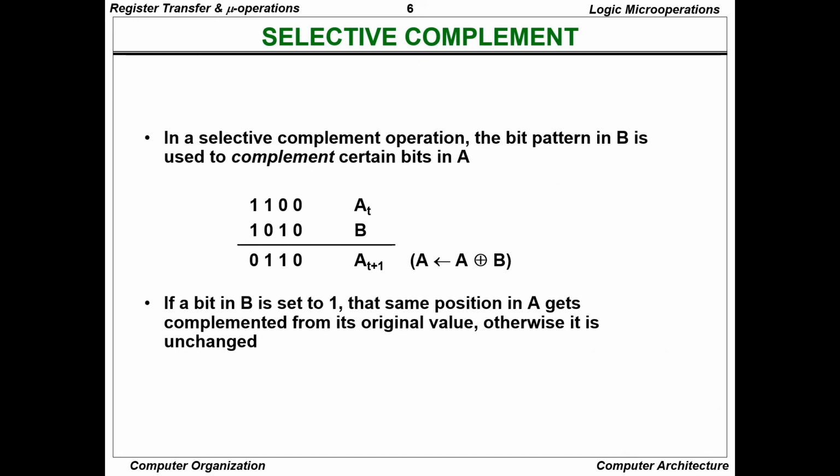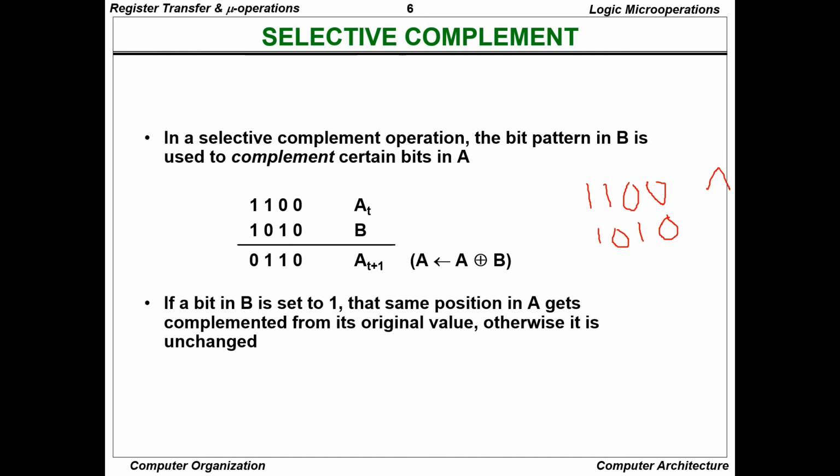Now coming to selective complement. In a selective complement operation, the bit pattern in B is used to complement certain bits in A. If a bit in B is set to 1, you need to see the second point carefully: that same position in A gets complemented from its original value. So I am writing here 1100, which is there for A, and 1010.